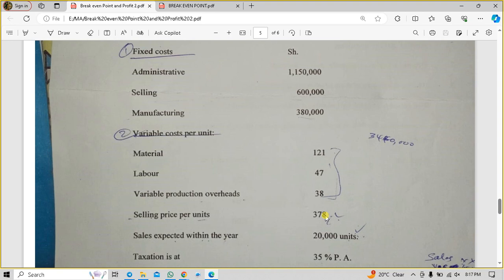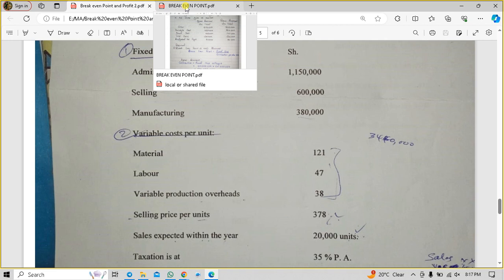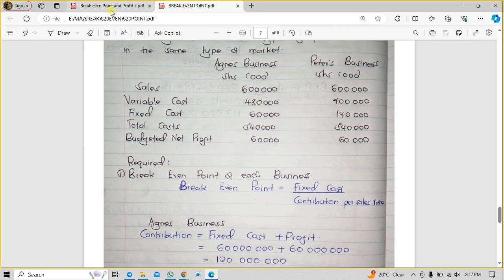So hapa tunaweza ziweka pia na zero zote, 7,560,000. So you just multiplying this by this ndo tupate sales. So after sales you still follow the same format.